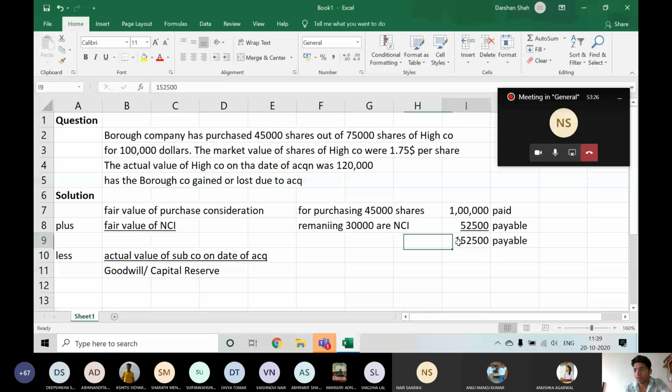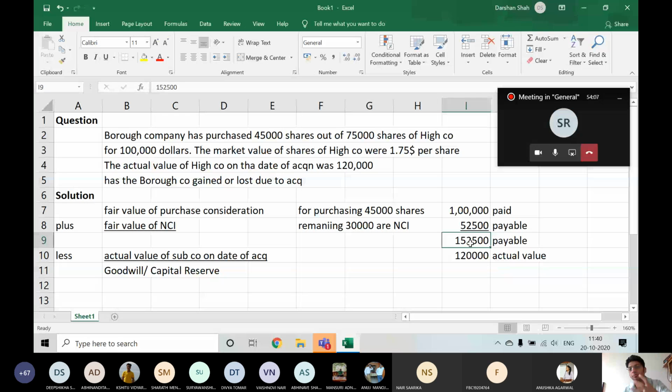So we are paying 1,52,500 for a company whose actual value is only 1,20,000. Aren't we paying a higher amount? Yes, sir.